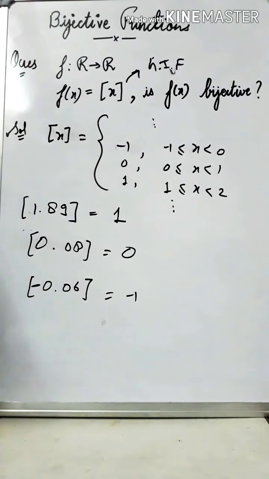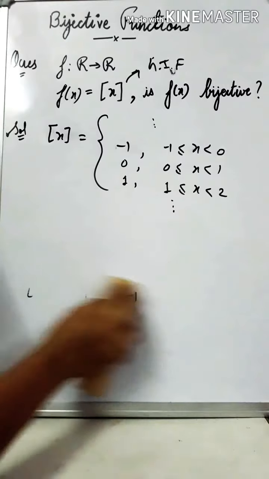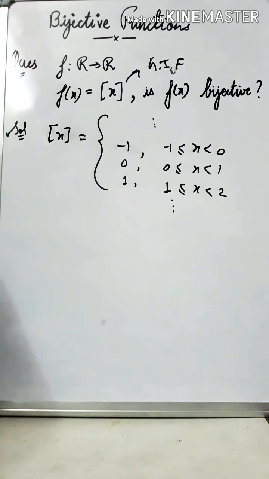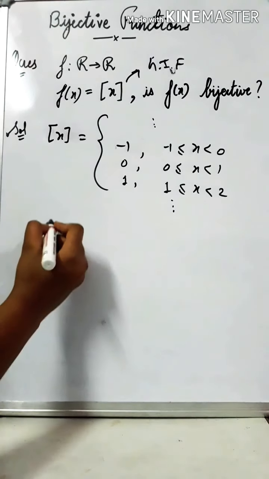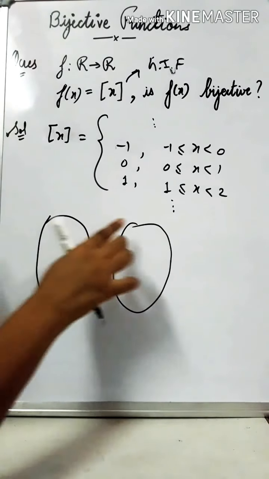So let us see if it is 1 1 and onto. Alright, so see, basically what we have to do here is just find contradictions. Let me just explain this graphically or diagrammatically.